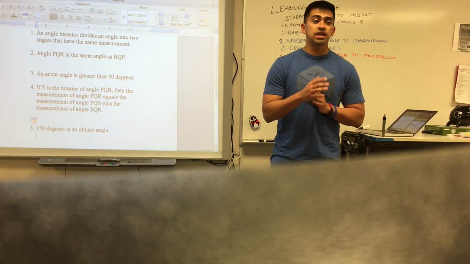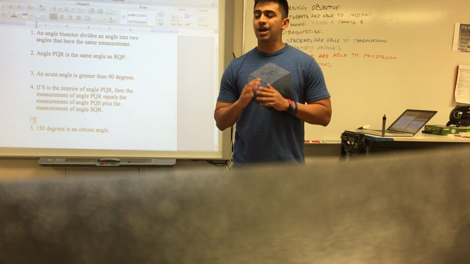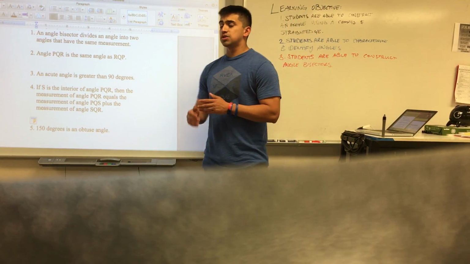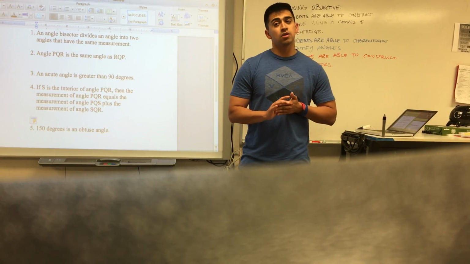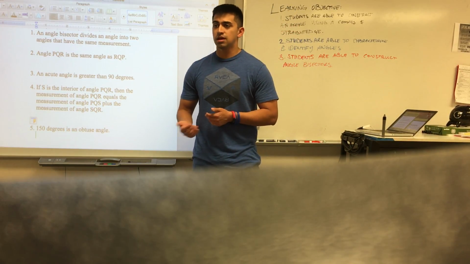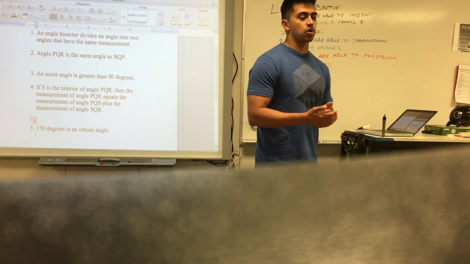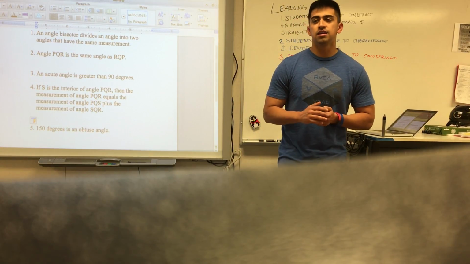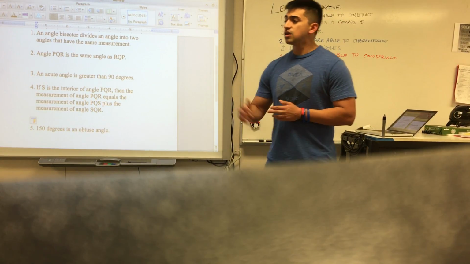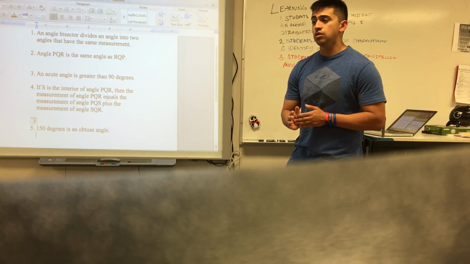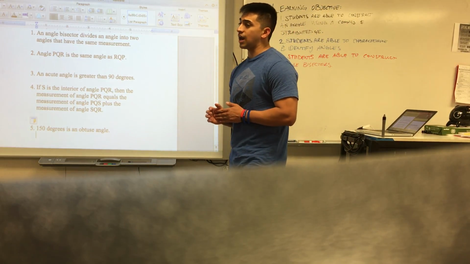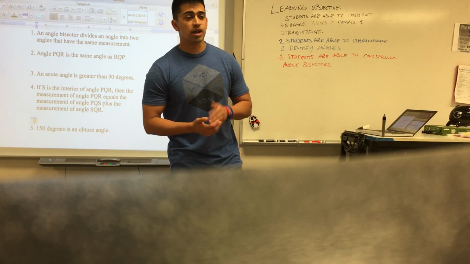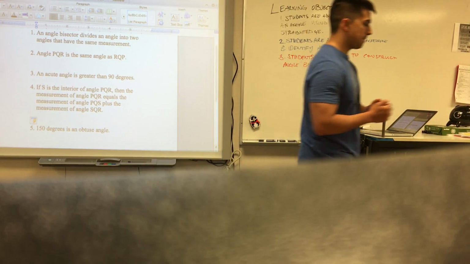Individually, you're going to put a plus sign by the statements that you agree with, and a negative sign next to the statements you do not agree with. Go ahead and read through these five on your own and do that.